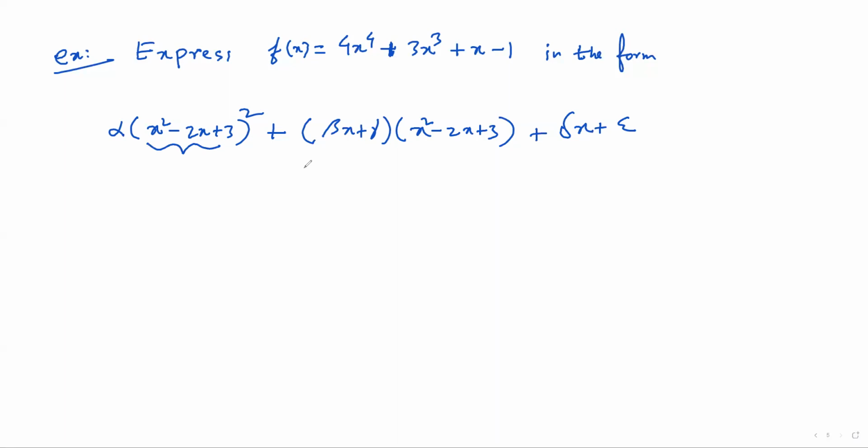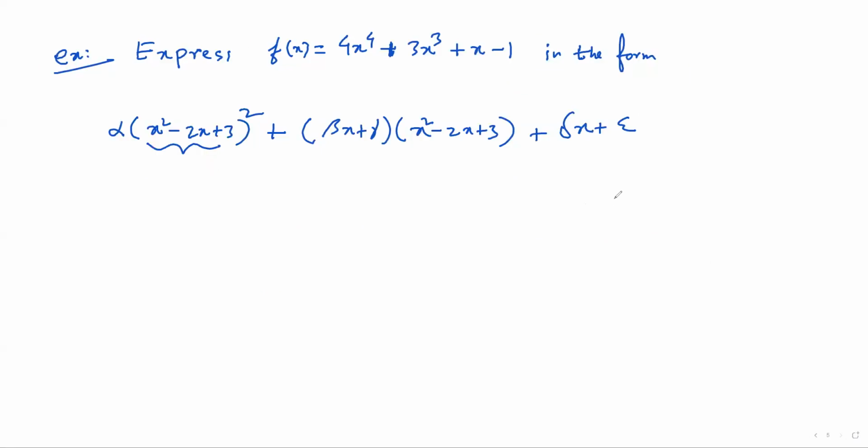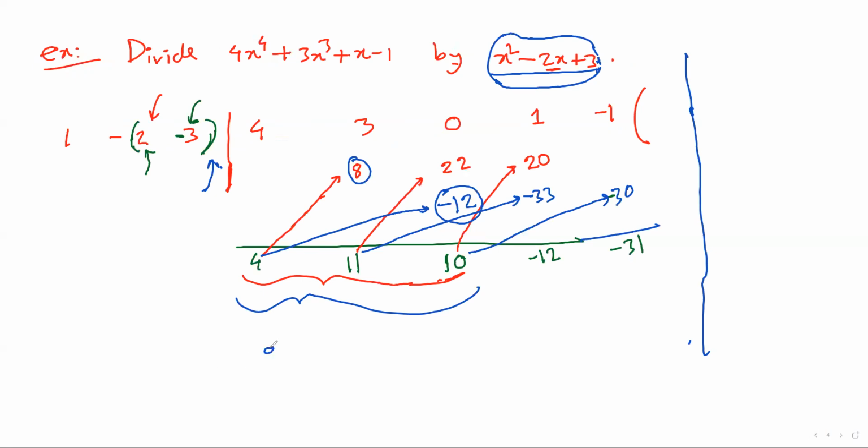We already divided this expression by x square minus 2x plus 3. So from the last page, we can just write our f of x. What should be the quotient here?